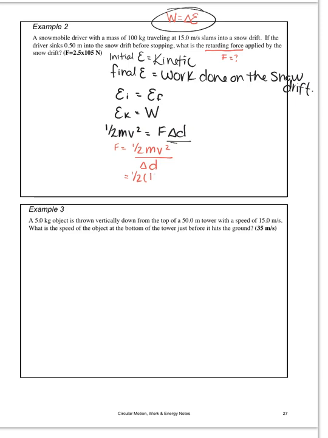So 1/2, 100 kilograms, 15 meters per second, all squared, all over 0.50 meters. And this force is 22500 newtons. Remember, that's the unit of force, which, because we have two significant digits from the distance, is 2.3 times 10 to the 4 newtons.